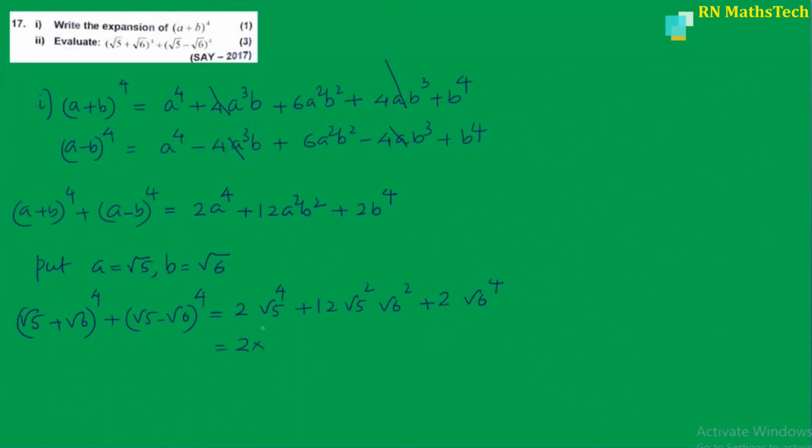That is 2 into root 5 raised to 4 എന്ന് പറയുന്നത് root 5ൻ്റെ സ്ക്വയർ 5 ആണ്.